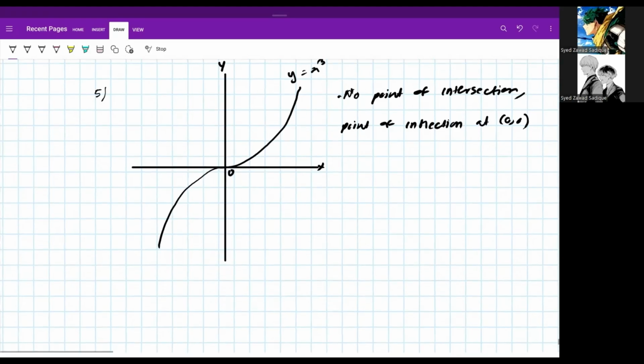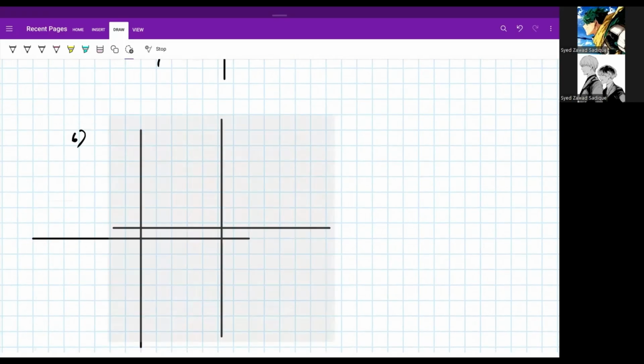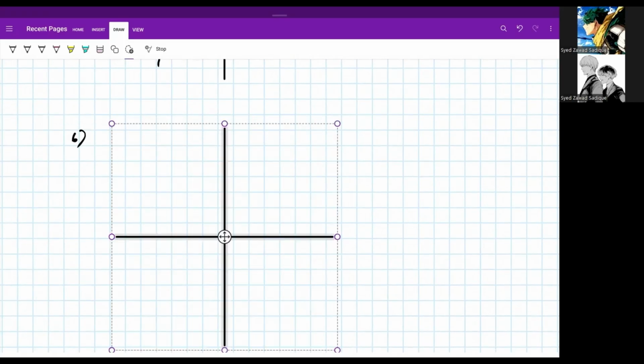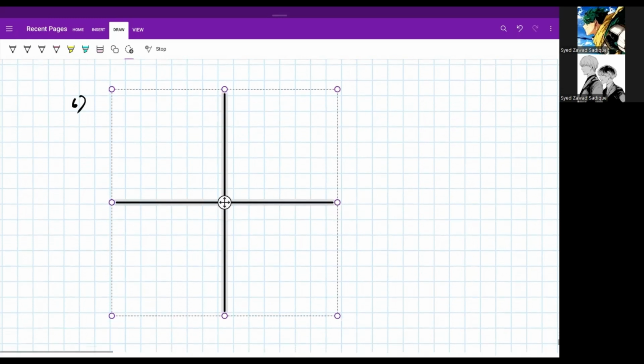Okay, 6. All right. These are graphs. I'm drawing these graphs to actually give you guys a good idea. Okay, watch this. So this is a quadratic graph.